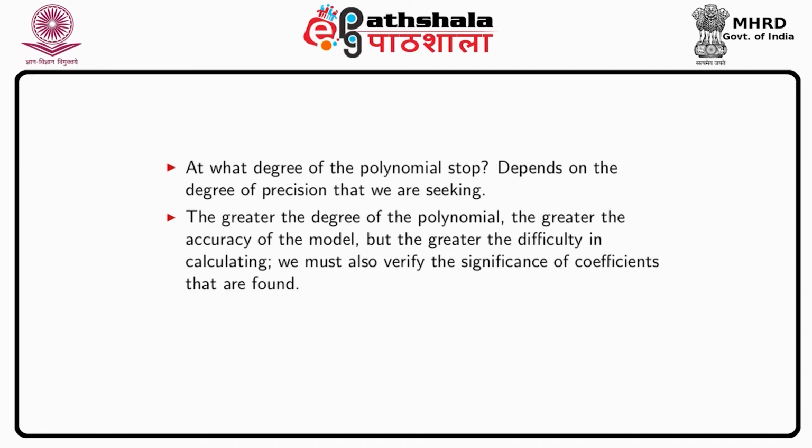But there is also a practical problem of increasing the degree of polynomial that we wish to fit. The higher the degree of polynomial, the more parameters I have to estimate, more unknown coefficients involved in the model. So we would like to strike a balance between the degree of polynomial and the number of parameters that I want to estimate using the data set that has been given to me.